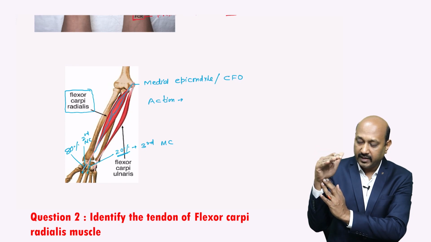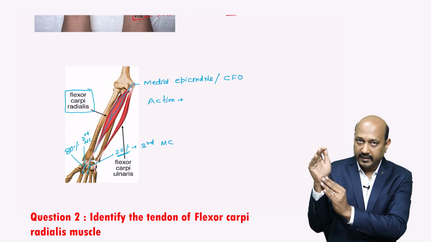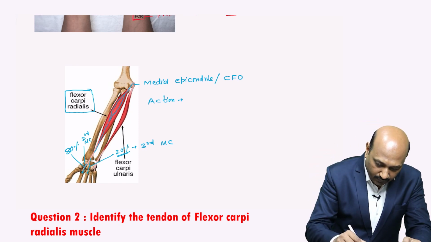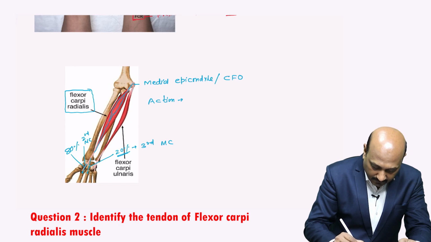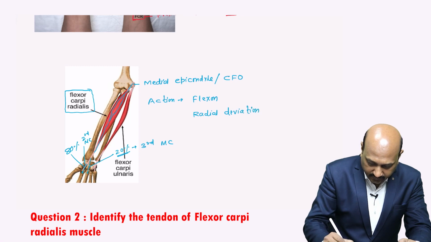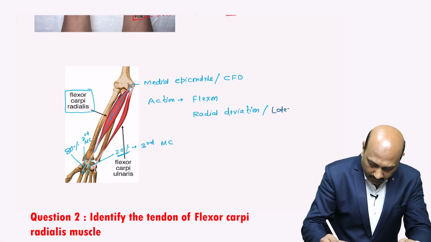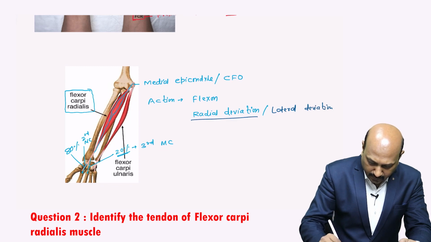It also deviates the wrist towards the radial side, so radial deviation, which is also known as lateral deviation. These are the two functions. The main primary function is flexion at the wrist joint.